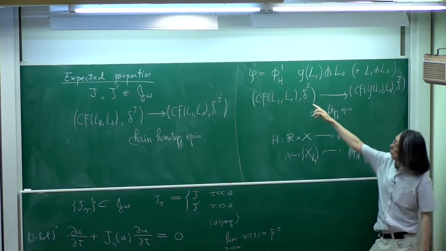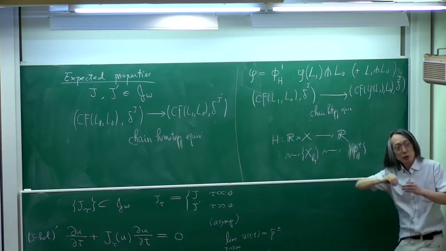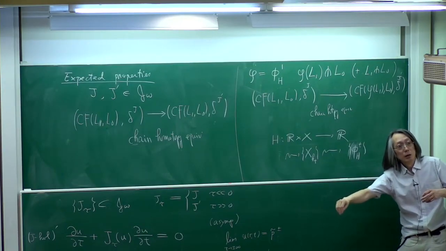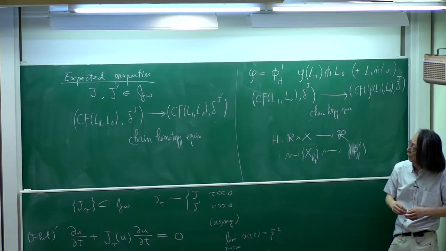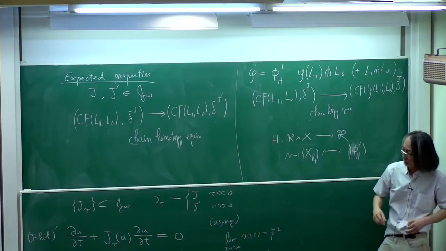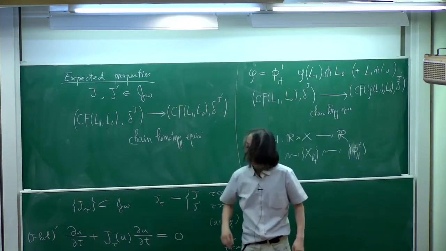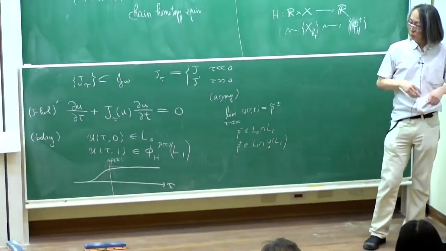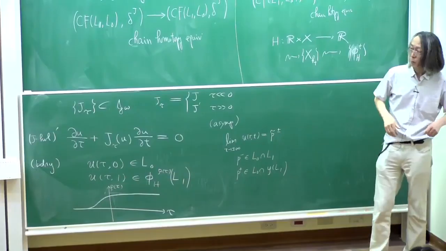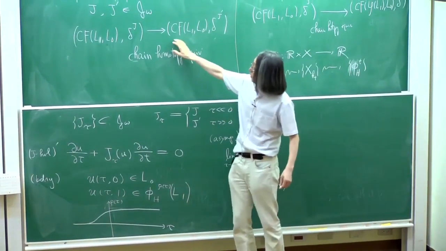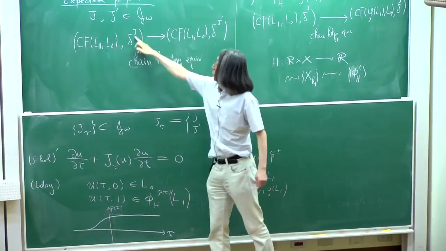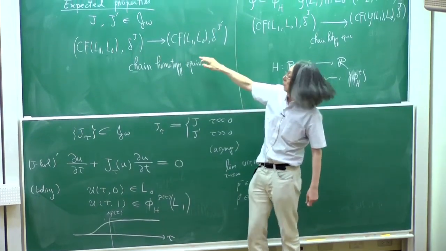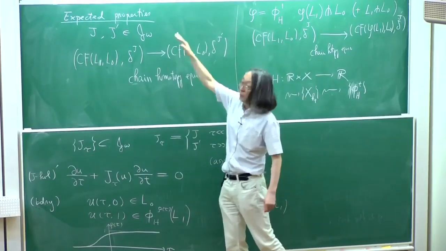So this H is actually generating this Hamiltonian isotopy. But J tau is also related by a Hamiltonian isotopy, or just a path. You can also try to do something like this, but in this case these two are different almost complex structures, and there is no phi here.